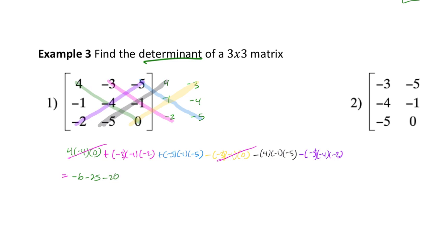And then the last one, I got -5 times 4 times -2. Don't forget that we have that negative down here, so this is going to be positive 40. Once we simplify, this is going to be -11. And that's my determinant. The inverse function, once we work on the calculator, we're going to find how to find the inverse matrix here.